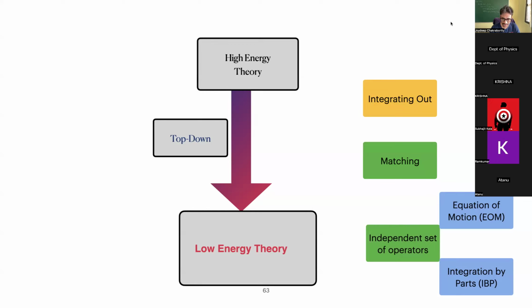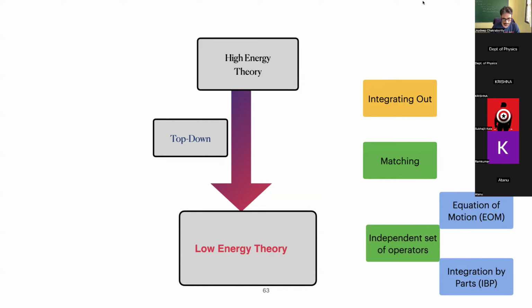You perform the matching, and then you basically get the effective action. But that effective action is not sufficient to work with, because some of the operators and structures are related to each other. So you have to explicitly impose the equation of motion, and use integration by parts, Fierz identities, and so on, to get the set of effective operators which are basically independent.